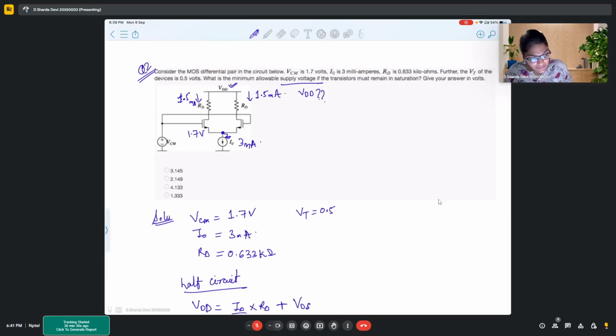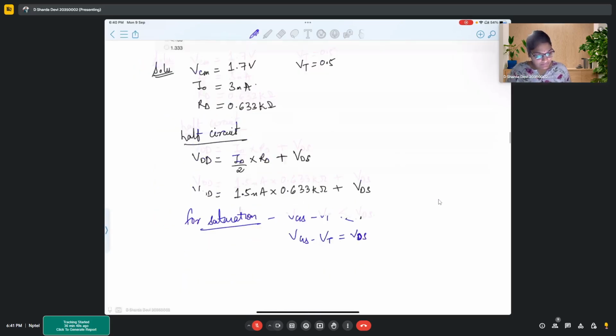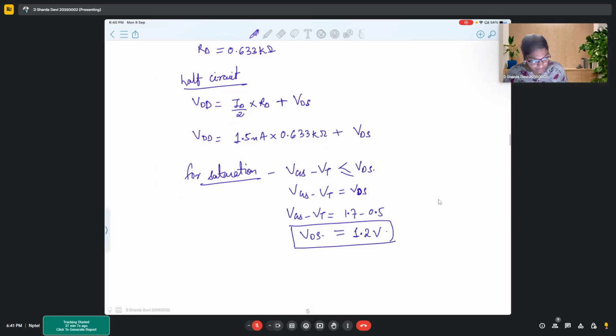That makes my VGS equal to 1.7 volts, which is also equal to VCM. And VT is 0.5. So VGS minus VT will become 1.7 minus 0.5, that is 1.2 volts. This will be VDS, the limiting condition of VDS.